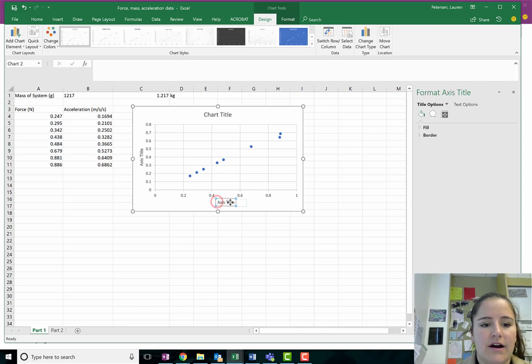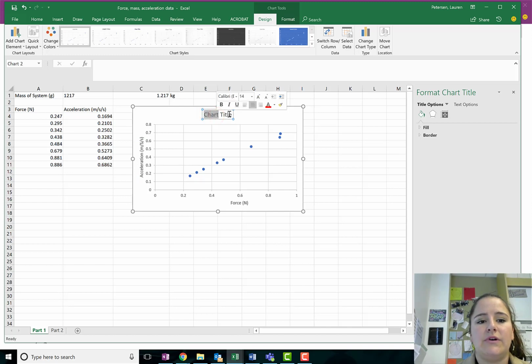On our x-axis was our force in newtons. On our y-axis was our acceleration in meters per second squared.